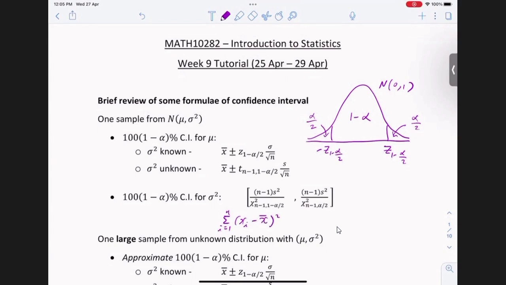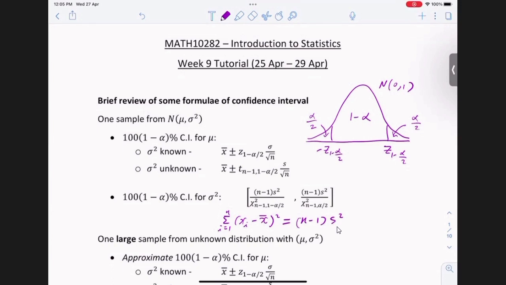Probably in the notes, you'll see that the numerator of this confidence interval is represented by this, which is the sum of the squared deviations of each data point from the sample mean. But it is actually equal to n minus 1 multiplied by the sample variance, because if you divide by the sample size minus 1, it will give you the value of the sample variance. This is the formula for calculating the sample variance.